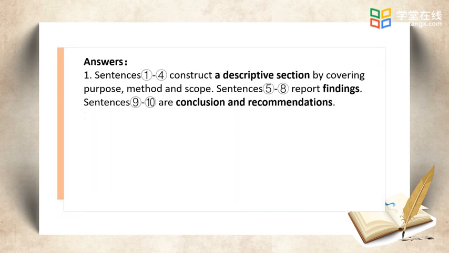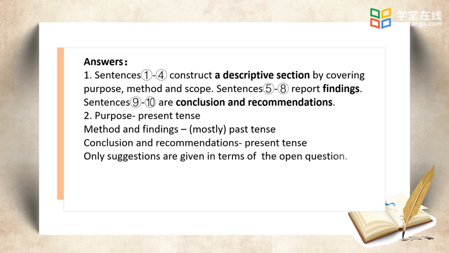Answers. Number 1. Sentences 1 to 4 construct a descriptive section by covering purpose, method, and scope. Sentences 5 to 8 report findings. Sentences 9 to 10 are conclusion and recommendations. Number 2.